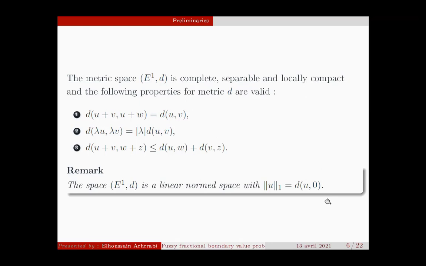The metric space (E1, D) is complete, separable, and locally compact, and the following properties for the metric D are valid. Note that this metric space (E1, D) is a linear normed space with this norm.